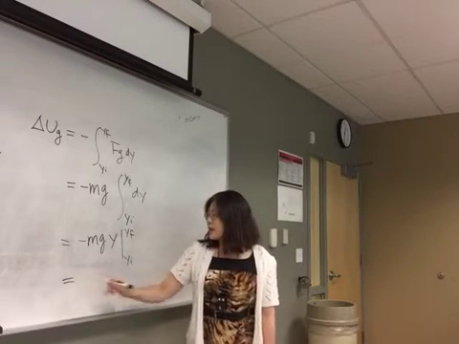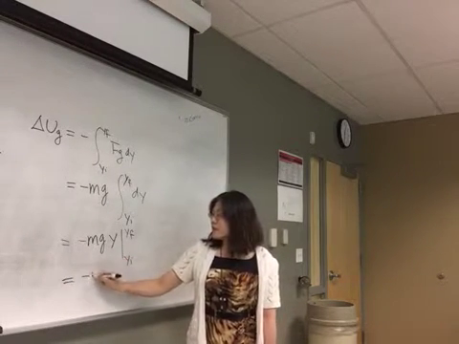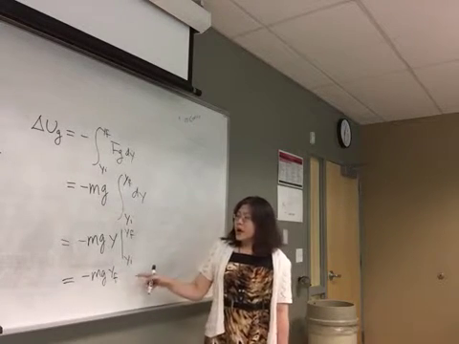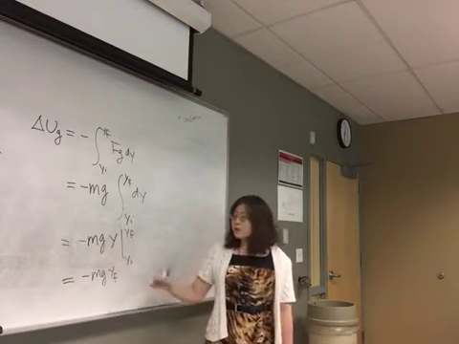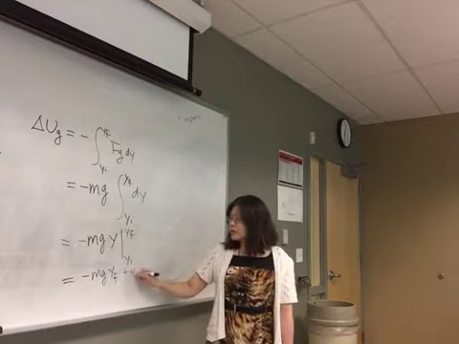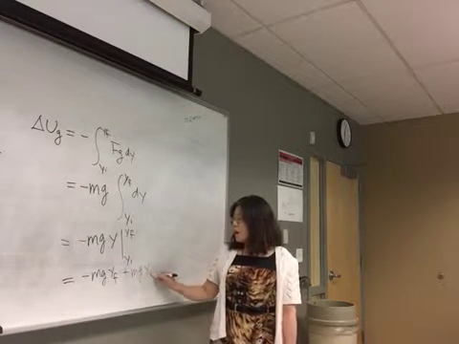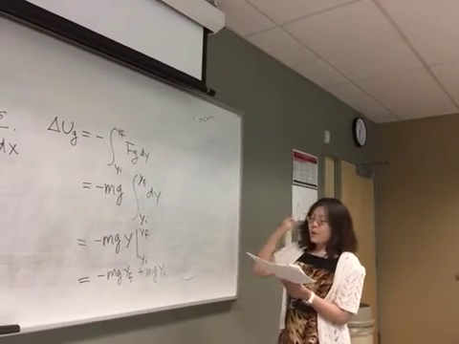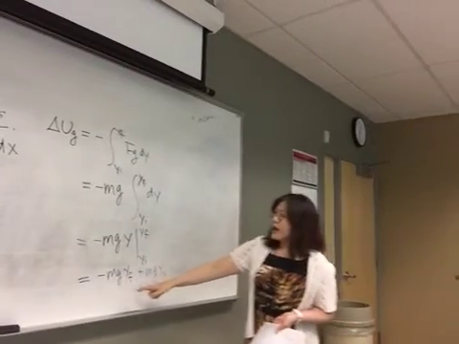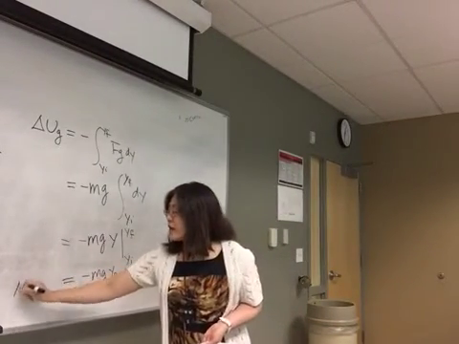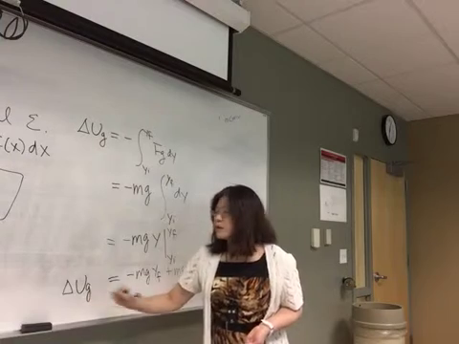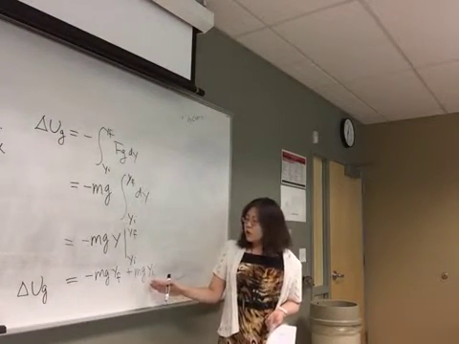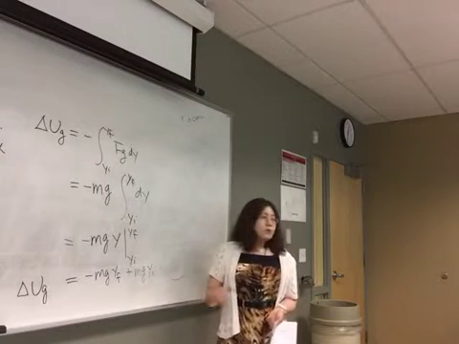That gives negative mg yf, minus, and because of the negative sign, negative negative becomes positive, plus mg yi. Now we know the expression for the change in gravitational potential energy. It's just the difference between mgyi and mgyf.